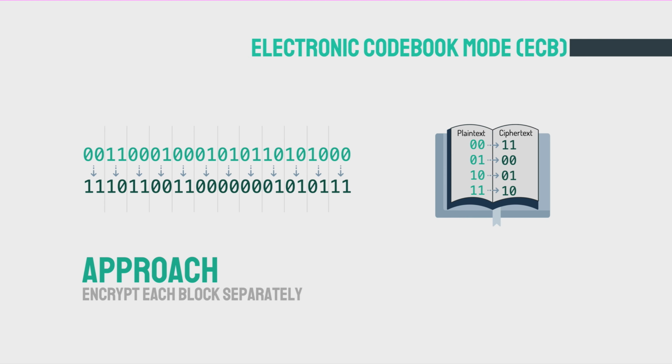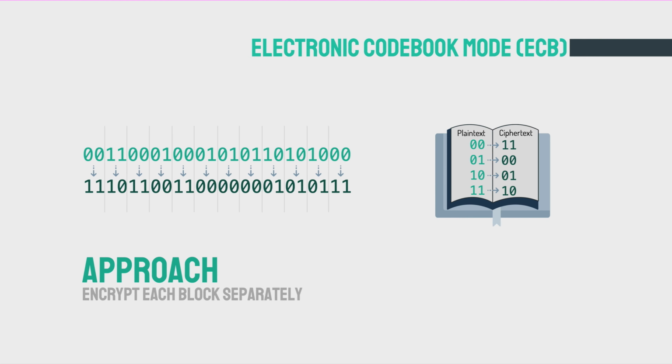So using this particular key, and therefore this particular codebook, the block 00 will encrypt to the ciphertext block 11. The plaintext block 11 will encrypt to the ciphertext block 10. Each successive block is encrypted in the same way. You take the plaintext bits and you go look them up in the codebook and replace them with the ciphertext bits.